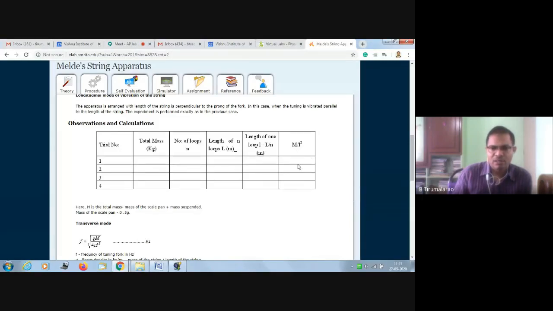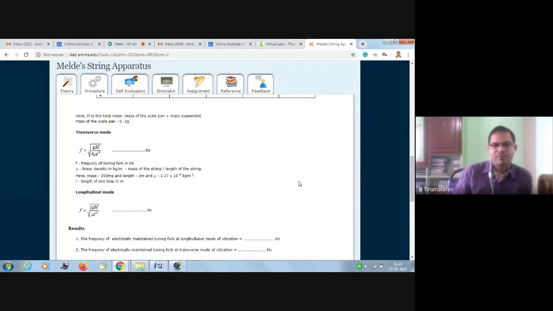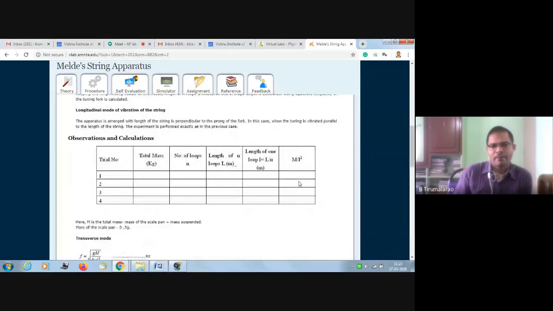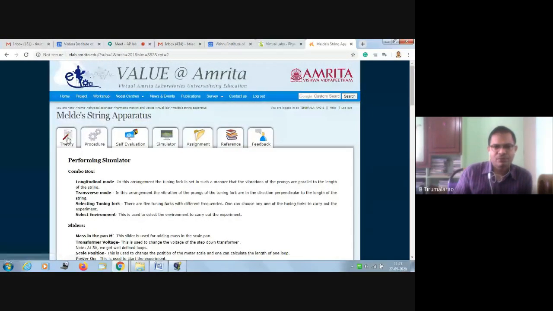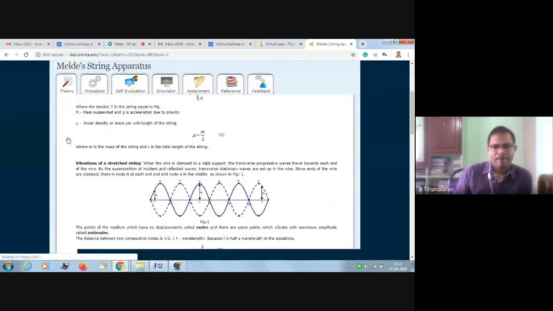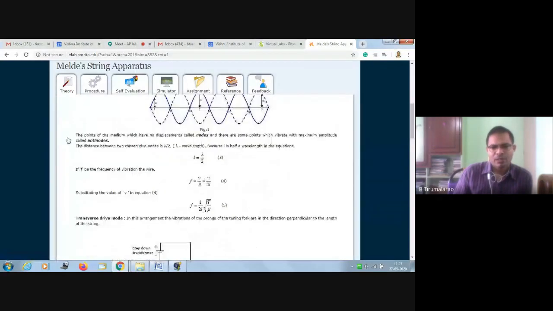You can calculate M by l square. Suppose you substitute in this formula, you can directly find out this M by l square value. You can also find out another mode. So mu is a constant value, the linear density, already given in the table. l you calculate from the diagram.